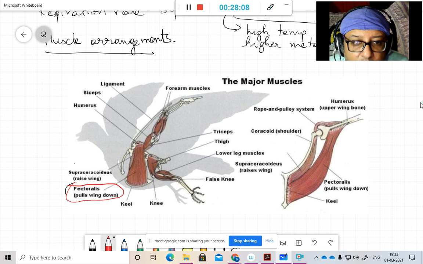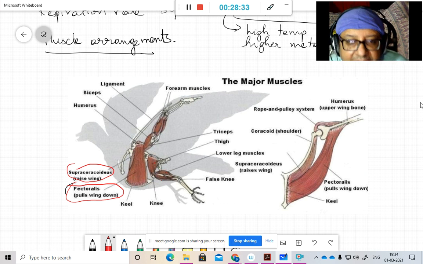Then you have the supracoracoides muscle. This is the supracoracoides muscle. This is used to raise the wings. Then you have the triceps. A false knee is present. Lower leg muscles are present. These are the thigh muscles.